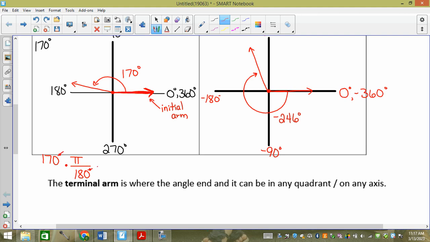And so I'm left with 17 pi over 18. Now this one, I do negative 246 degrees times pi over 180 degrees. And what do we get when we reduce them? Negative 41 pi over 30.